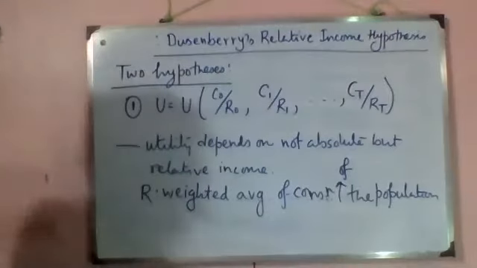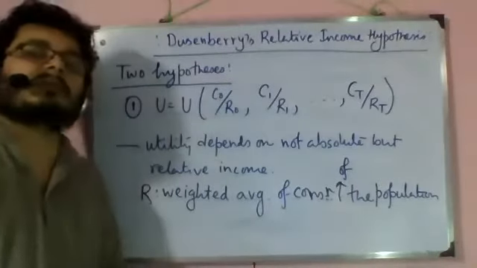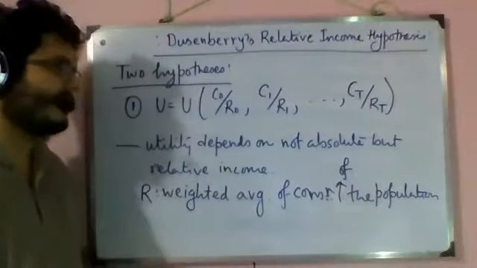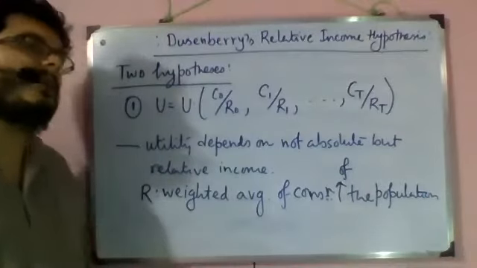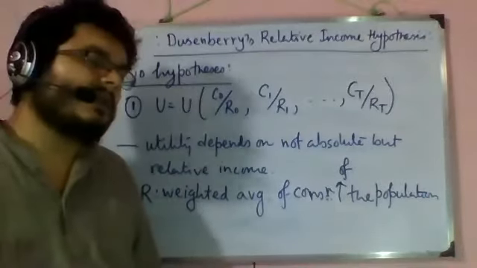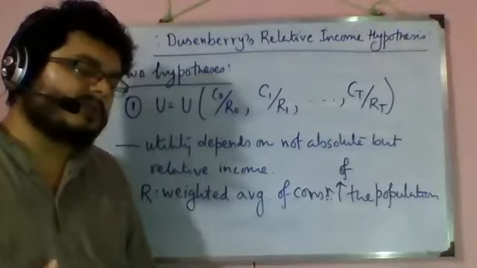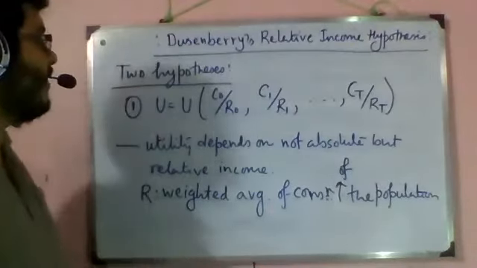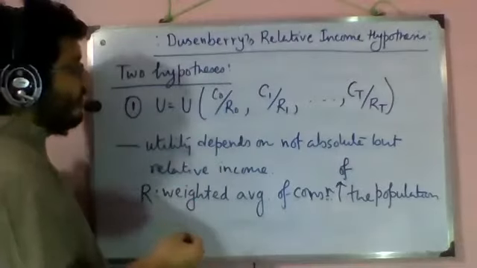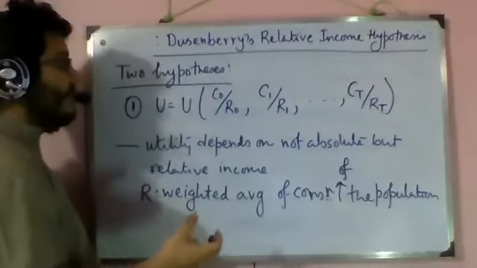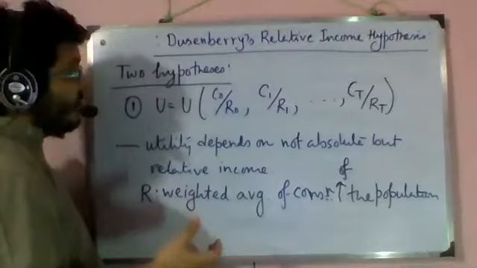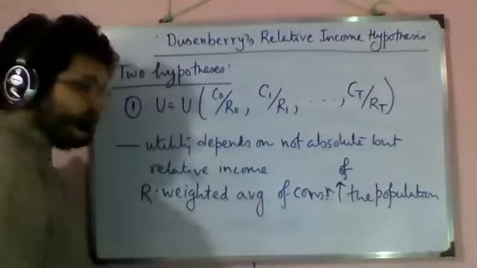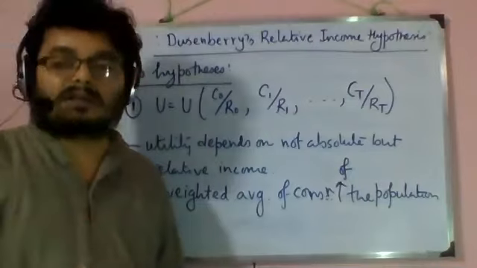Now here, obviously, while writing we may say national average or something, but this is not what Duesenberry actually means. When I'm considering someone's income, I'm considering a group whose income is very close to his. For example, when I'm considering the relative income of a rickshaw puller or a helper of a bus, the weighted average of consumption doesn't include an industrialist.